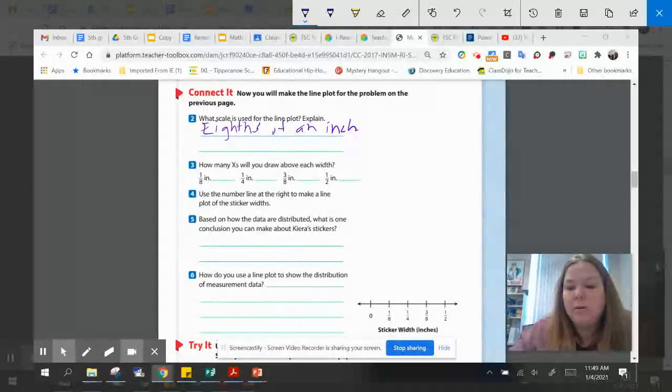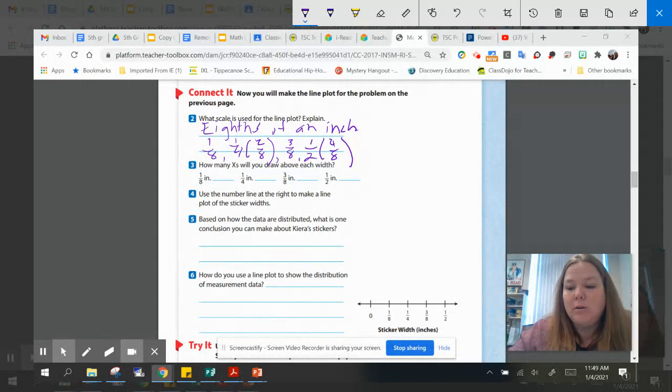It's really hard to write. And because it's 1/8, 1/4, or as I said, 2/8, 3/8, and 1/2, which again I said is 4/8. So there you go.